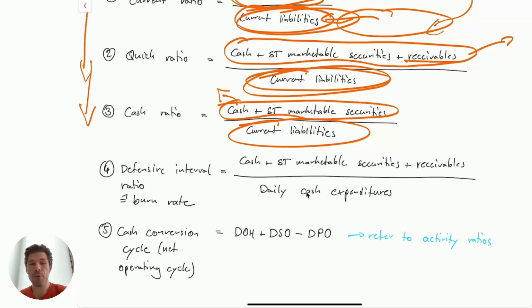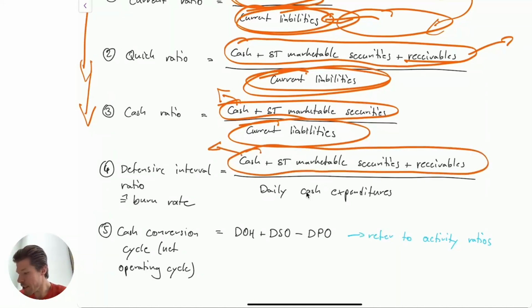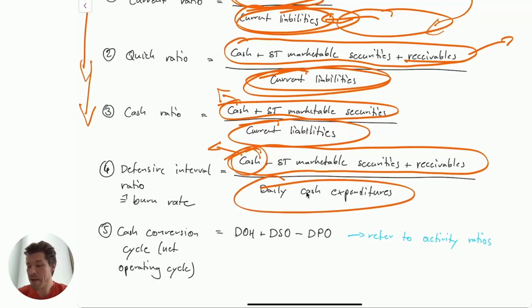So if you assume you don't sell a product, you don't have customers yet, you have some shorter term assets available that you need to use, especially your bank account cash, how much cash expenditures, things that you actually need to pay in cash, do you have on a daily basis, and how many days do you last.